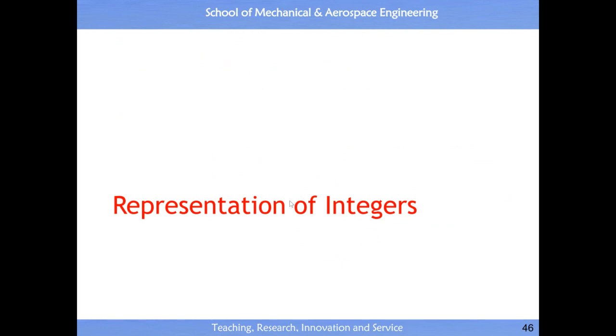So the previous slide basically showed you the basic way to represent numbers inside the memory. For simple calculation, they are good enough. However, for some scientific calculation, we may have very huge real numbers with many digits.